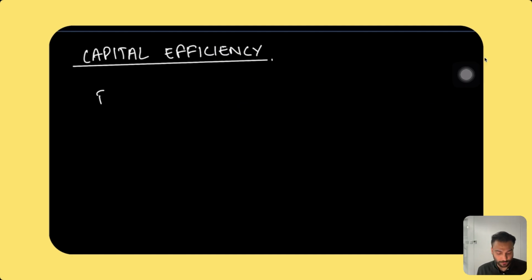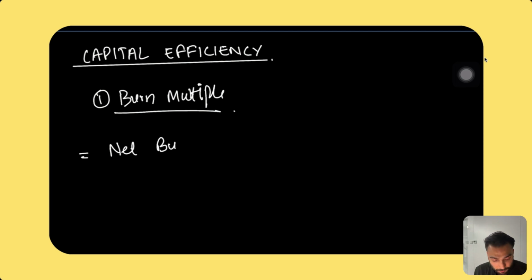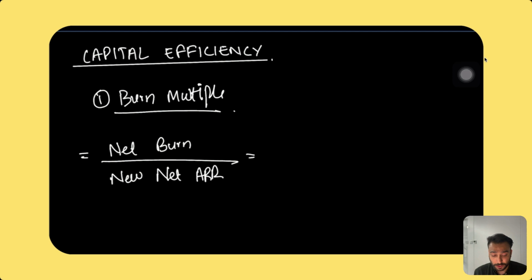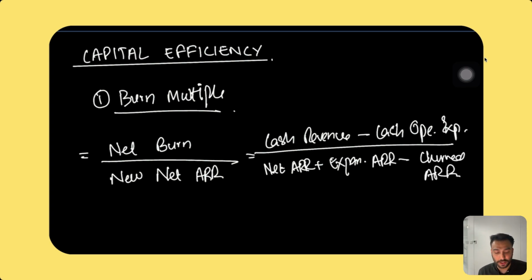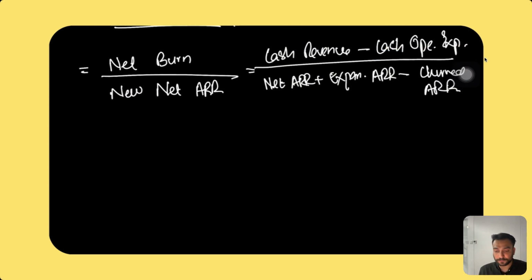So by this, you can track how long it takes to get from negative lifetime value to positive. Next up, we have capital efficiency, and there's only one metric that we look into, which is the burn multiple. Now, the burn multiple is net burn divided by net new ARR. Net burn is cash revenue minus cash operating expenses, divided by net new annual recurring revenue plus expansion annual recurring revenue minus churned annual recurring revenue.